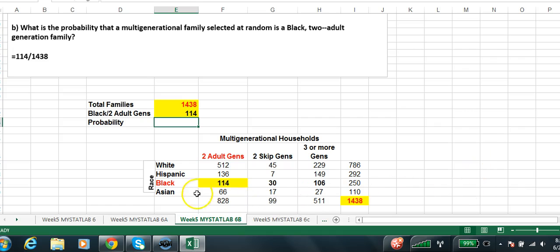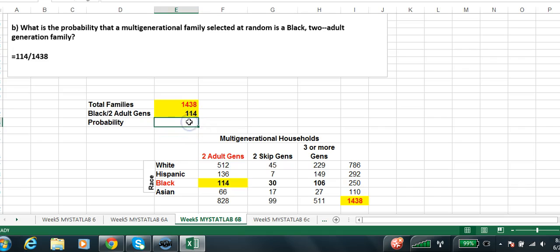So let's go to the Black race here, and let's also go to the 2 adult generation multi-generational household. And the cell where the column and the row intersect is 114. So 114 of the multi-generational households that were surveyed identified as Black and having 2 adult generations living in the household.